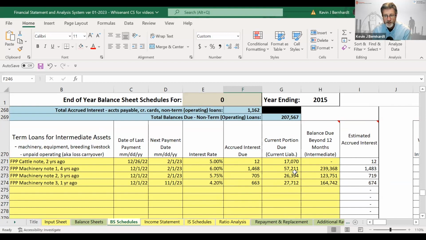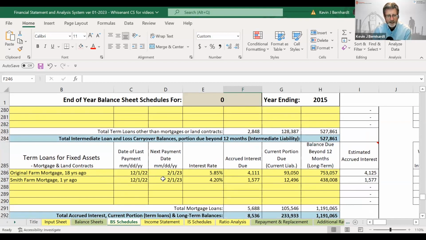The current portion due is that amount that's going to be paid within the next 12 months. And then everything that's due beyond that is accumulated together and put in this last column called balance due beyond 12 months for intermediate. And that's for intermediate assets, things like machinery, equipment, and breeding livestock.